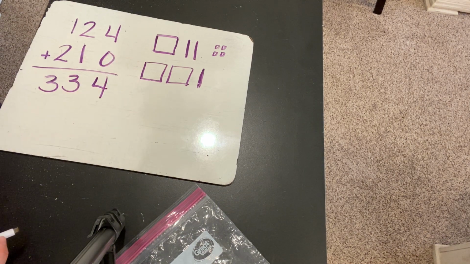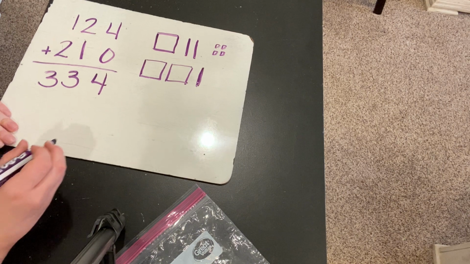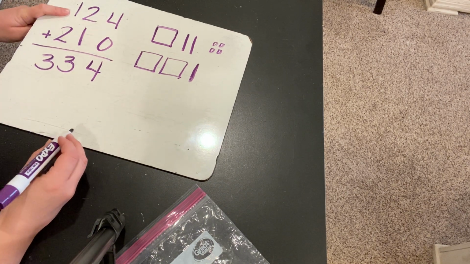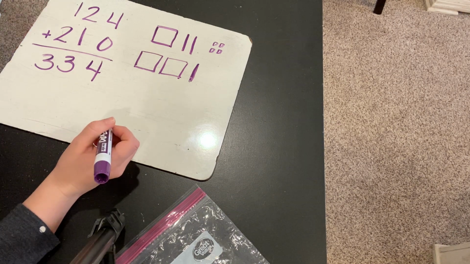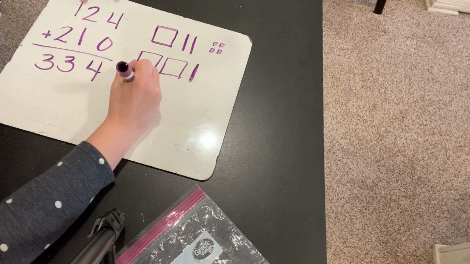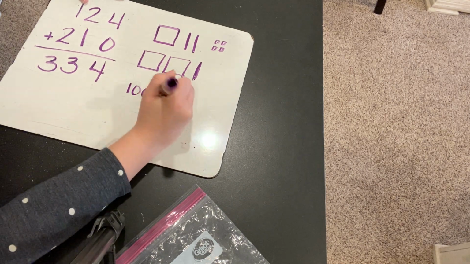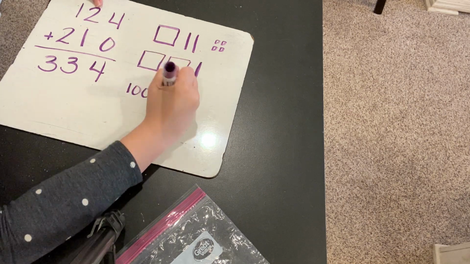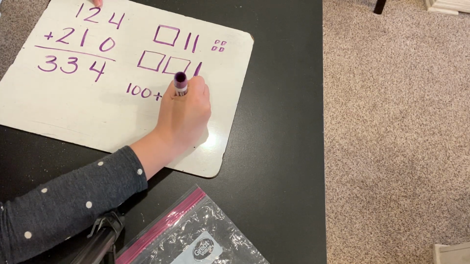Another way that you could solve this besides using base 10 blocks is by using what's called expanded form. So let me show you how that works. It's kind of like drawing it out, but just a little bit different. So if we have 124 and we wanted to make it into expanded form, the 1 stands for 100, so 100 plus your 2 tens, 10, 20, plus 4.